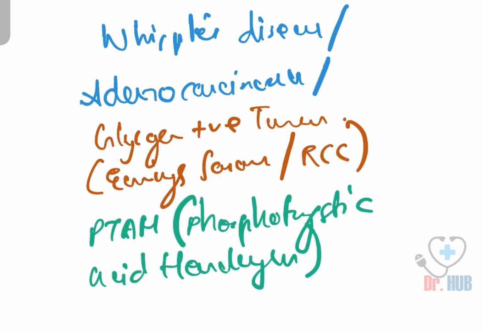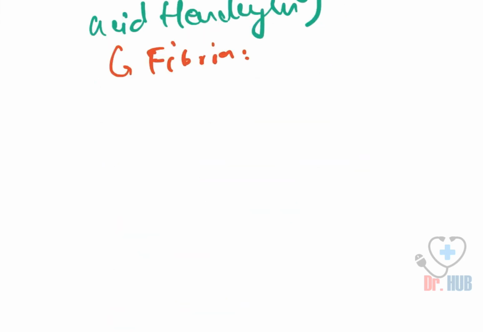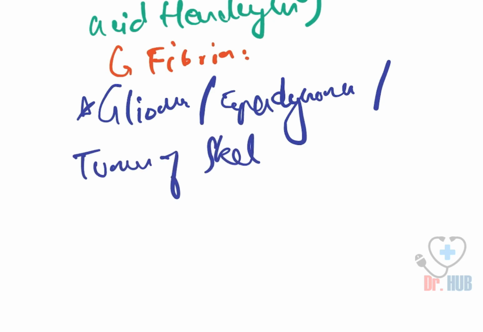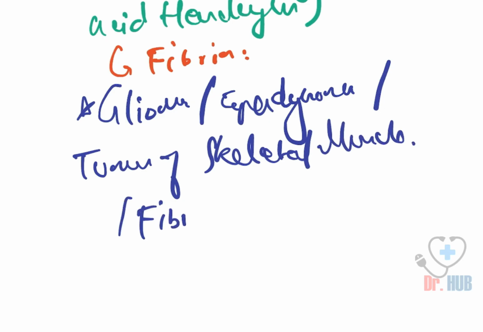This is used for staining fibrin, and the disorders involve gliomas, ependymomas, tumors of skeletal muscle, as well as fibrin deposits.